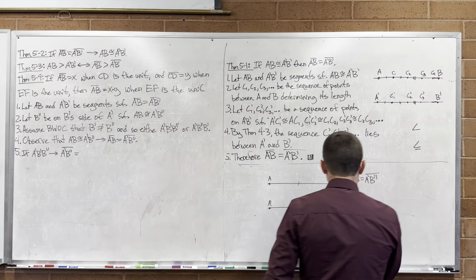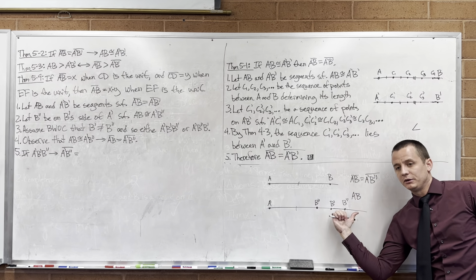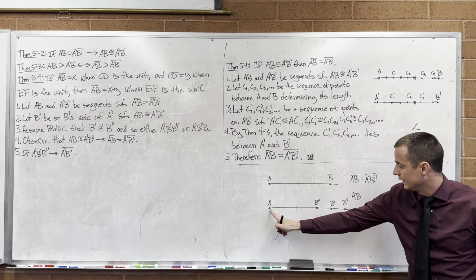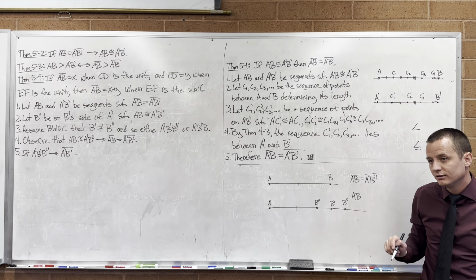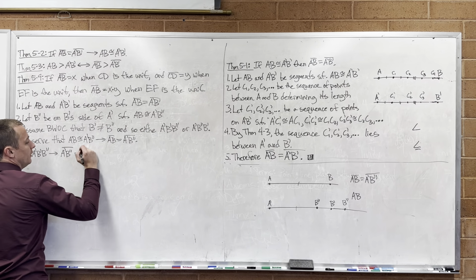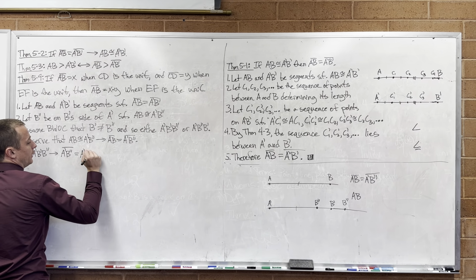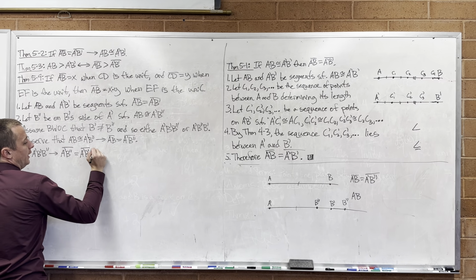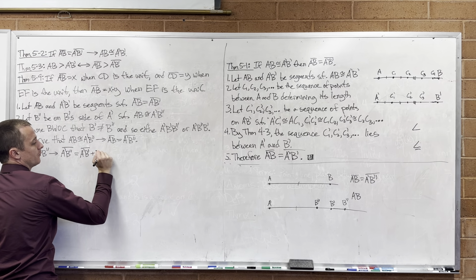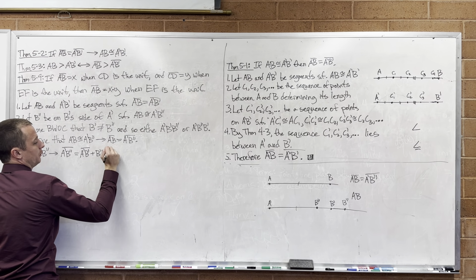If we know B double prime is for sure on that side, then the length of A prime B double prime is going to be the length of this plus the length of this. So it's going to be the length of A prime, B prime, plus the length of, remember these are now numbers, B prime to B double prime.